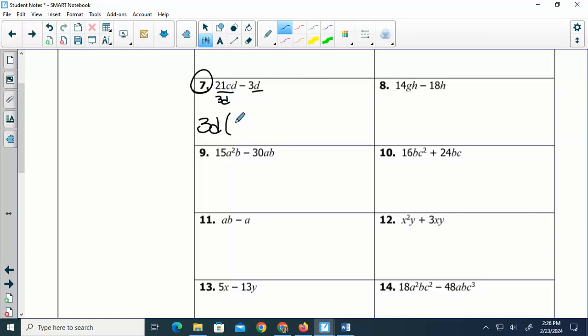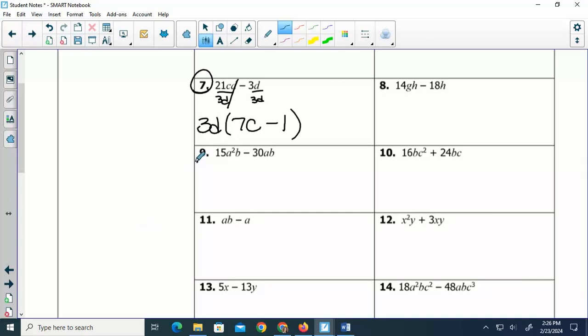What is 21 divided by 3? We have a C, and those D's cancel, so it's 7C. Minus, what is 3D divided by 3D? 1. Anything divided by itself is 1. Okay.